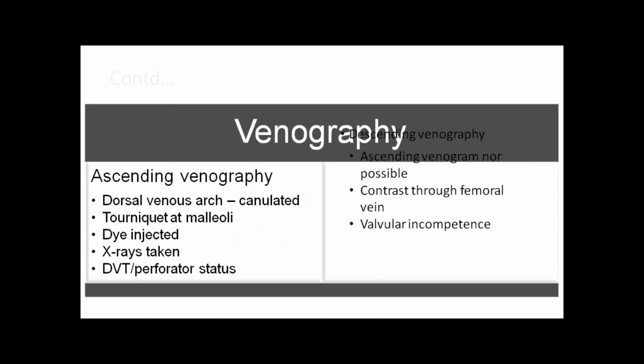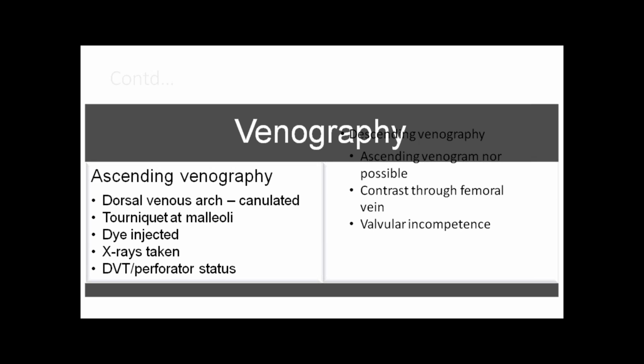Another important one is venography. Whenever we are not having duplex scans, then we will go for venography, that is ascending venography and descending venography. In ascending venography, the dorsal venous arch is cannulated and the tourniquet is tied at the malleoli.